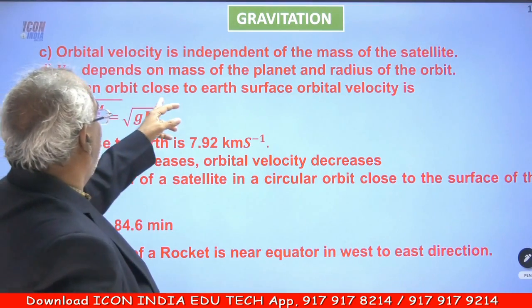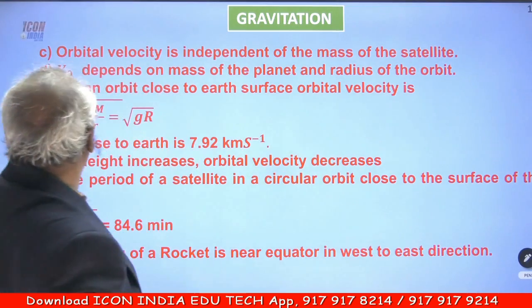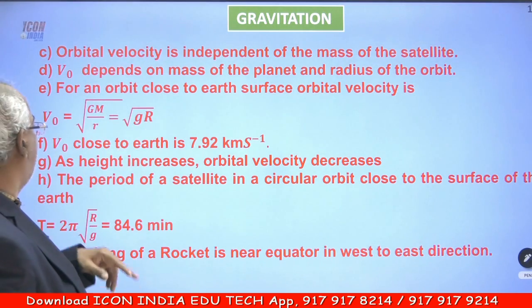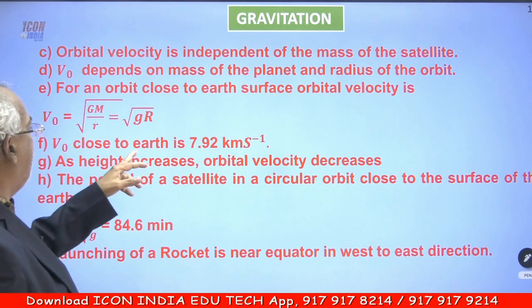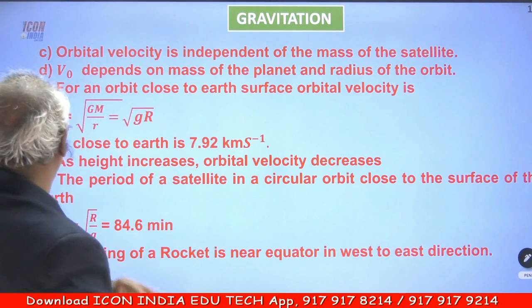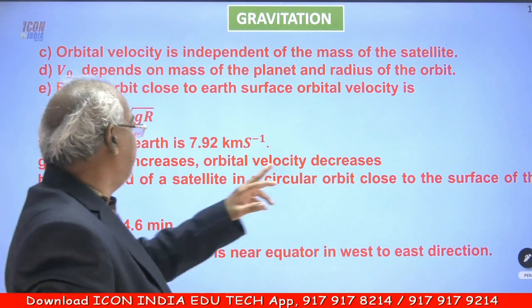For an orbit close to the Earth surface, the orbital velocity V naught is equal to root GM by R, that is equal to root gR. V naught close to Earth is 7.92 kilometer per second. As height increases, the orbital velocity decreases. Why?